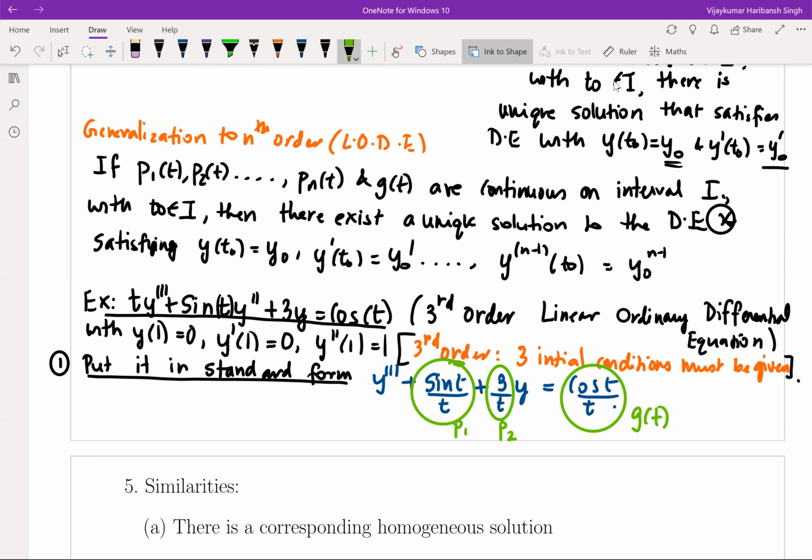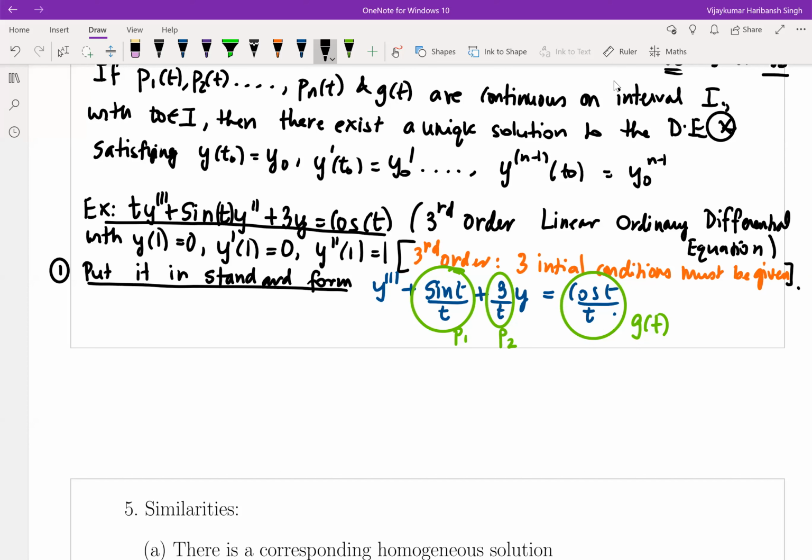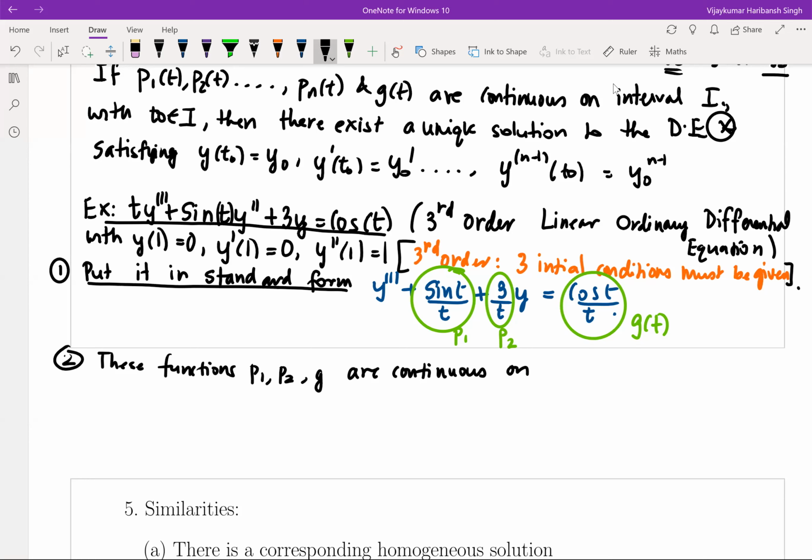So these functions p1, p2, p3, sorry, g, are continuous on, the denominator is the problem, which becomes 0. So if you remove 0, you'll get minus infinity to 0 and 0 to infinity.